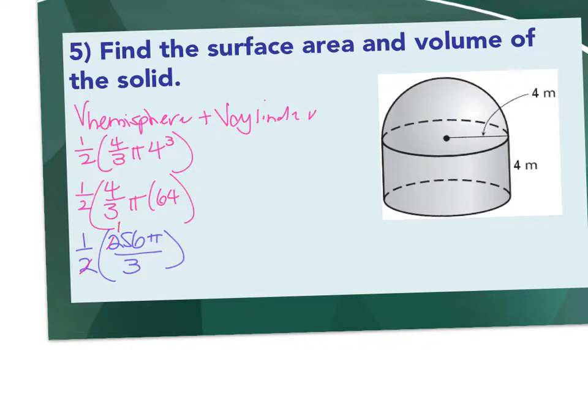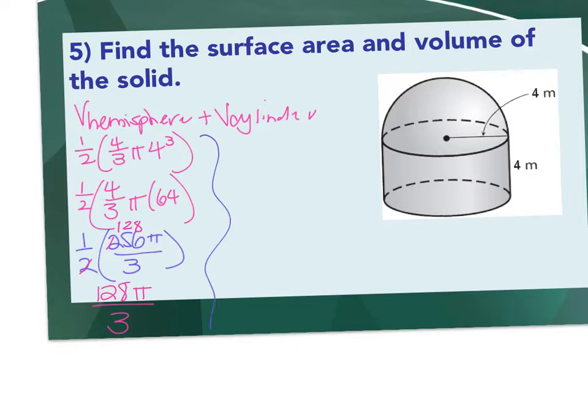This is 128 pi over 3, the volume of the hemisphere. When you're finding the volume of a hemisphere, can you just do 2/3? Sure, you can do the 1/2 times that 4/3. It's the same thing.